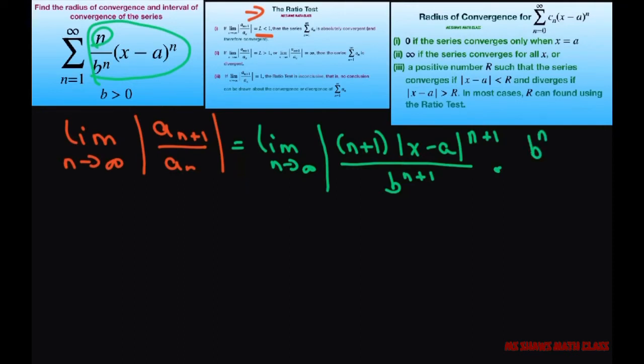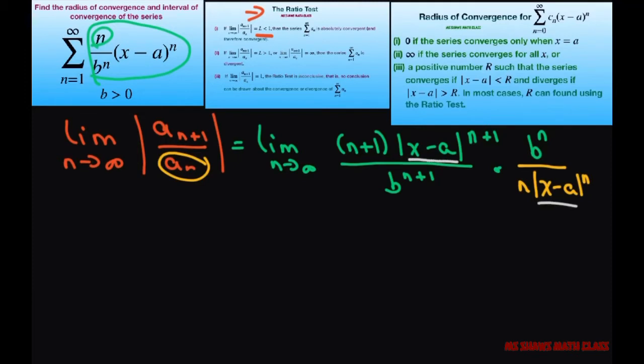All we're going to do is divide by a sub n, and we're just flipping this around. So it's going to be b sub n divided by n times the absolute value of x minus a to the nth power. Since I put the absolute value in there, we don't need it there, because all we need the absolute value sign is on this piece.